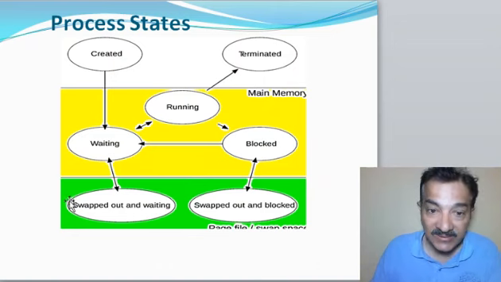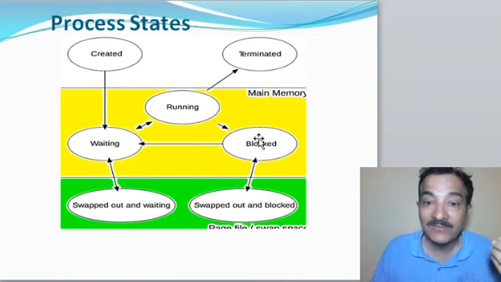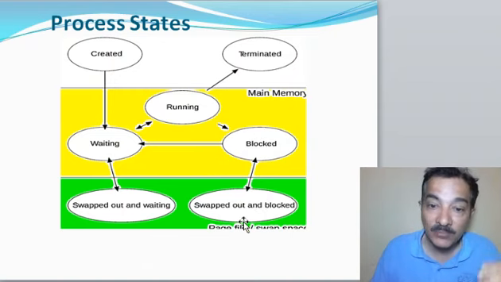So this is a secondary memory, basically virtual memory, where programs get moved whenever they are not active. They can be swapped out, and whenever the IO operation is completed, they will be swapped back into the main memory.